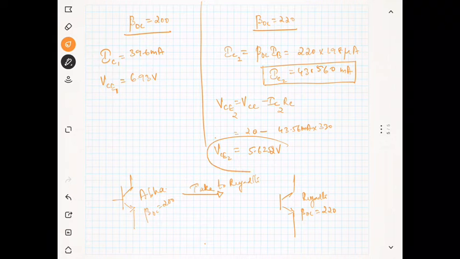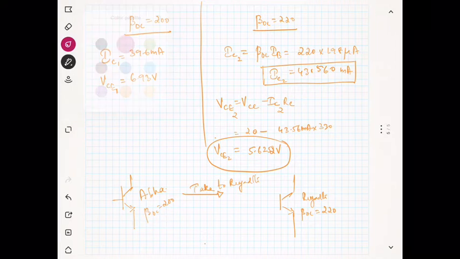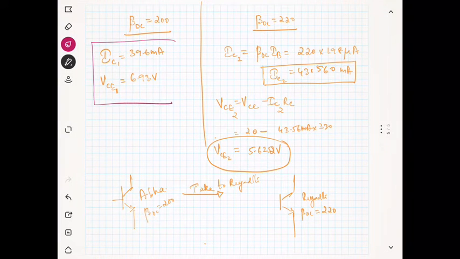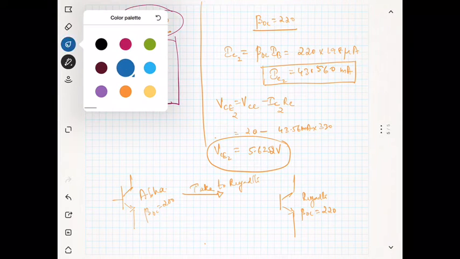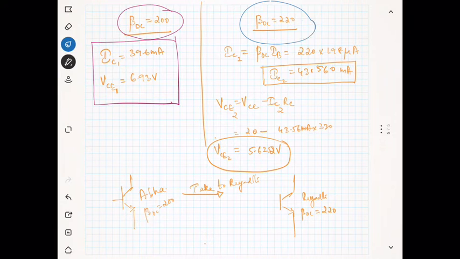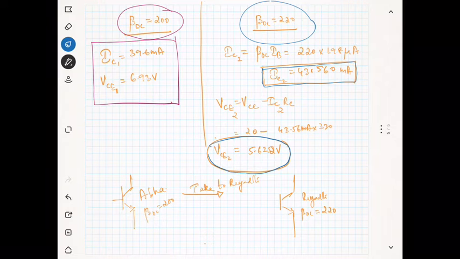So you can see our VCE also changed. This is one of the main issues. Previously the VCE and IC had some value for beta as 200. Currently the beta has been changed to 220, and now you can see the value of IC, and also the value of VCE, has changed. That means your IC will change with respect to beta.